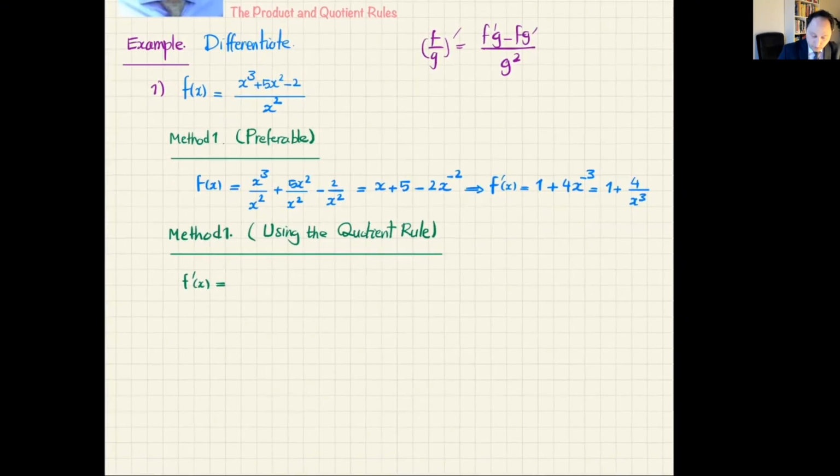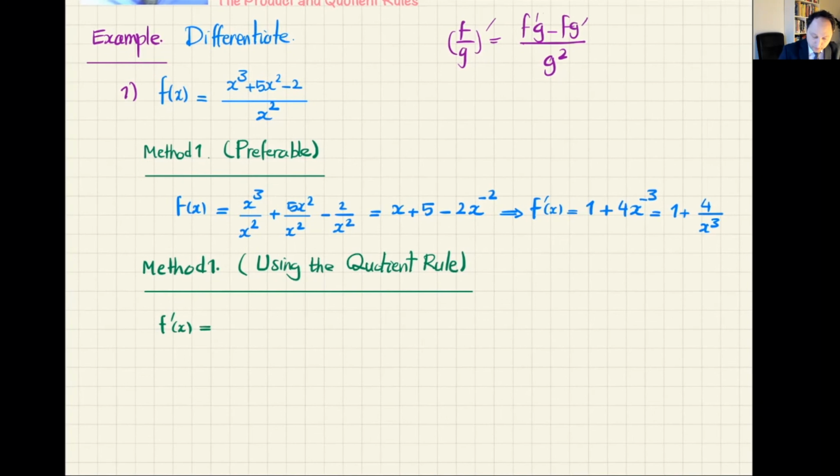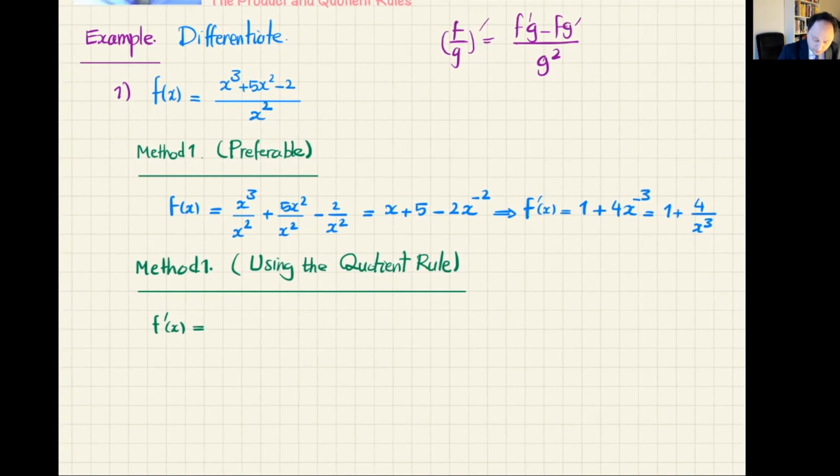Okay, so if I want to use this formula to solve this problem, then it becomes the derivative of the numerator. So let me write it. Times the denominator itself minus the numerator itself times the derivative of the denominator, and then divided by the denominator to power 2.